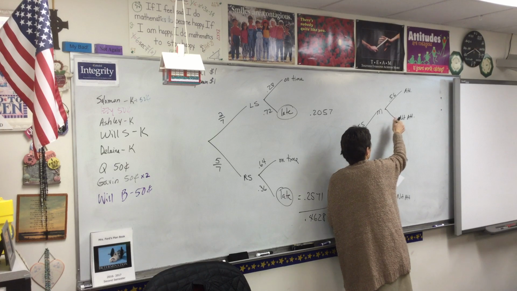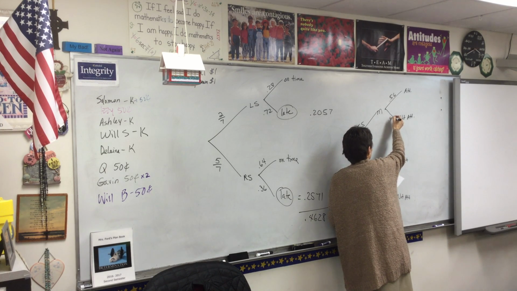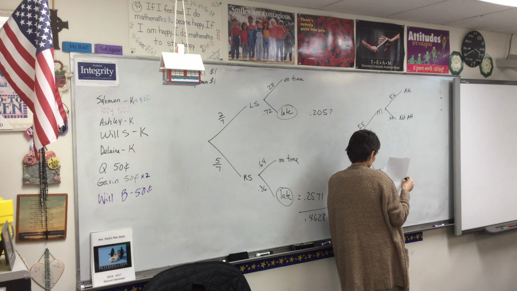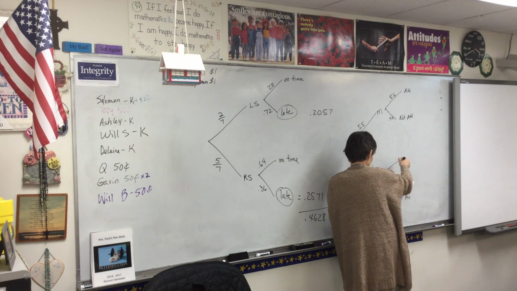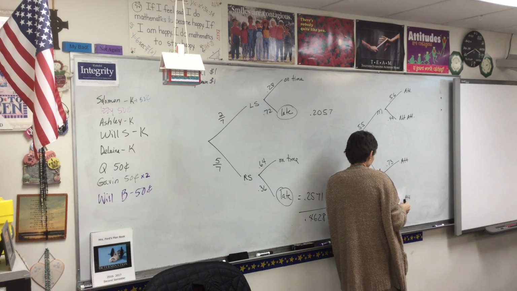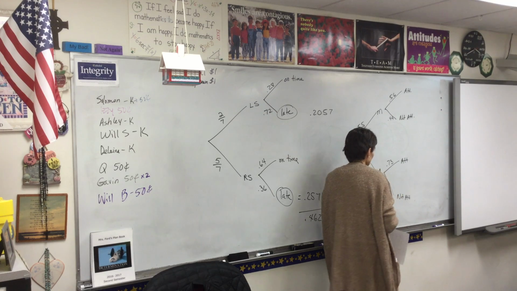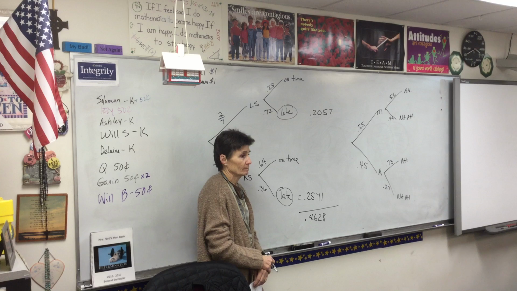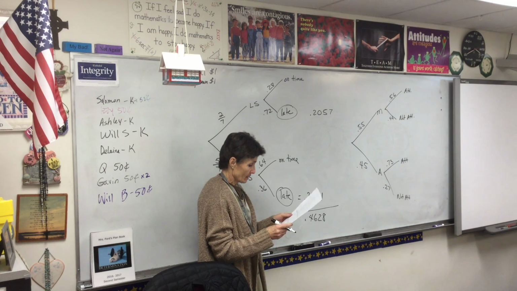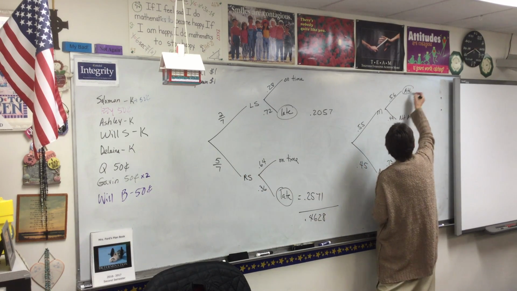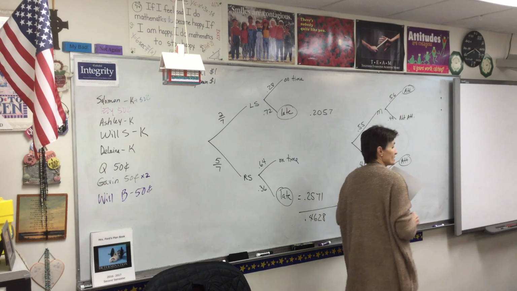And then this one would be 0.44. And in the afternoon, her attention is 73, so her not paying attention would be 27. Now what are we looking for? The probability that she'll pay attention. So we want this branch and this branch this time.